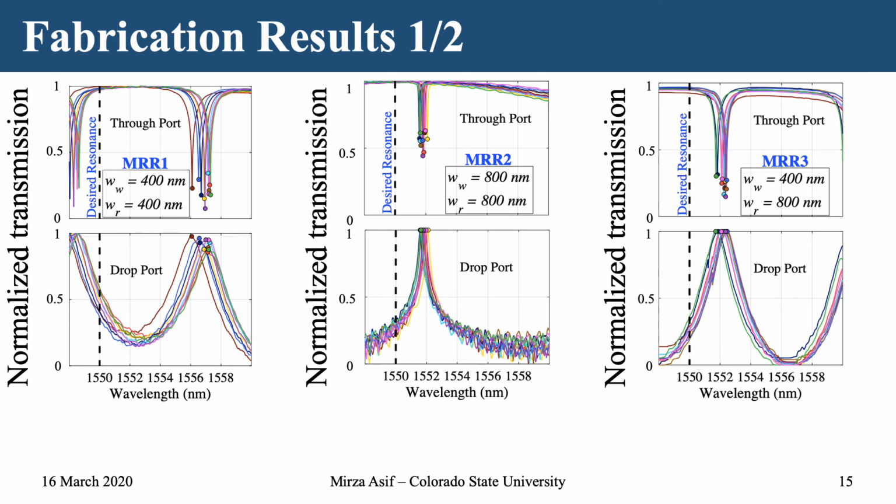When we look at the results for microring resonator 1, we see that there is high coupling, acceptable Q factor, and low tolerance. The desired resonant wavelength is very much farther from what we actually see, hence the tolerance is low.